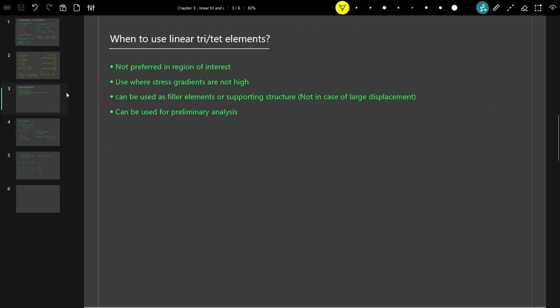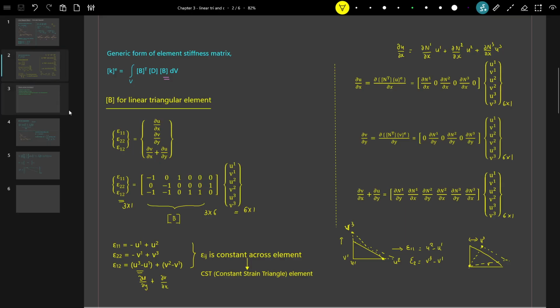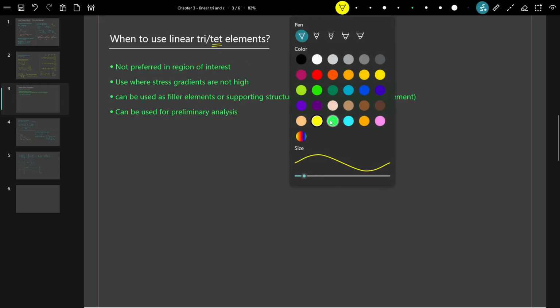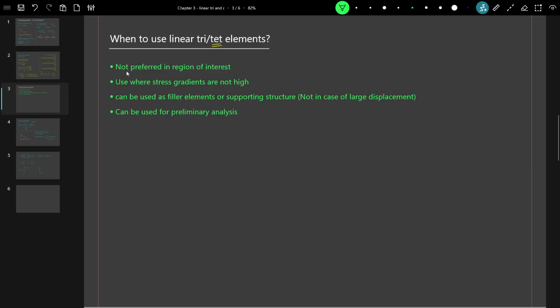Before seeing d, let's understand some practical tips on when to use these linear tri elements, which are also applicable to linear tet elements.